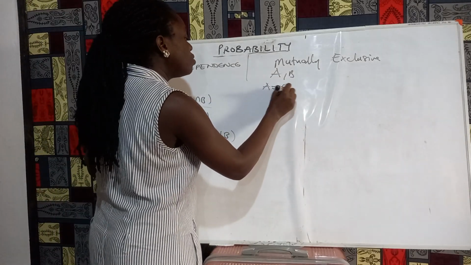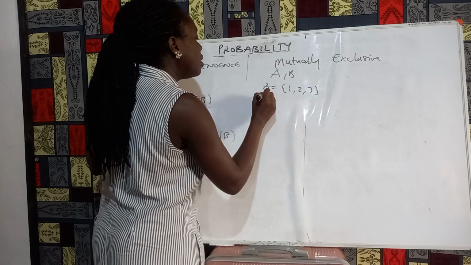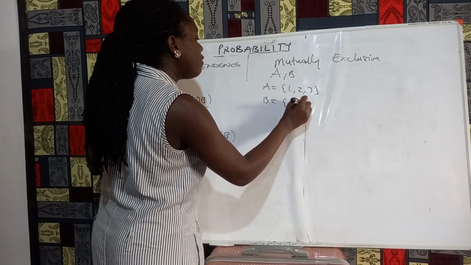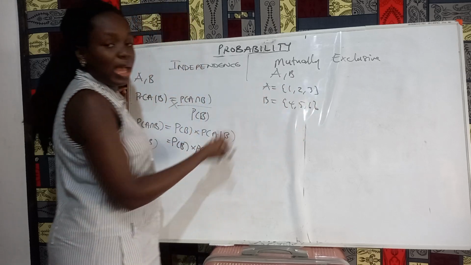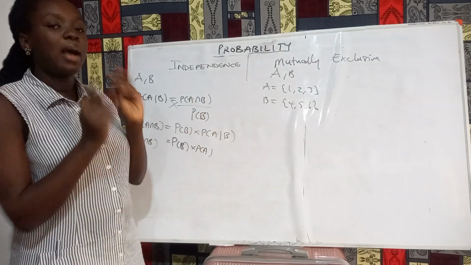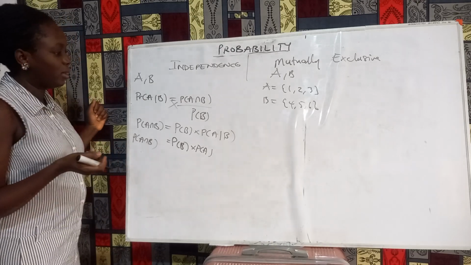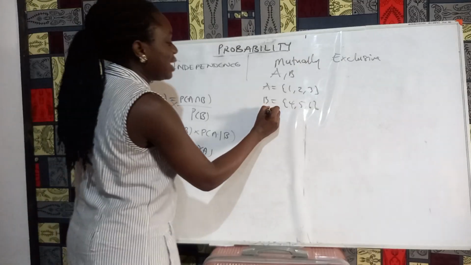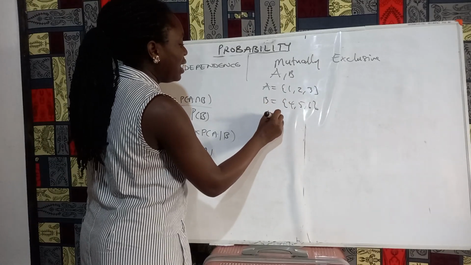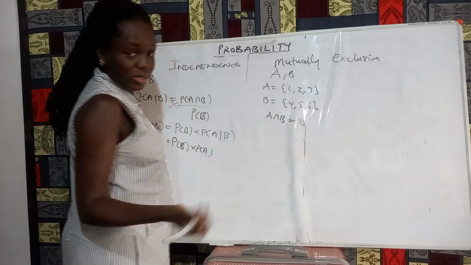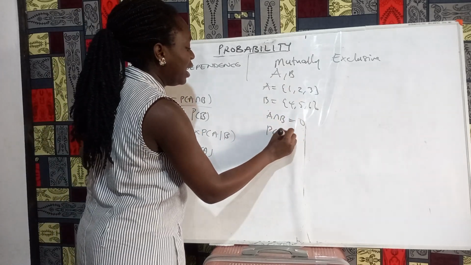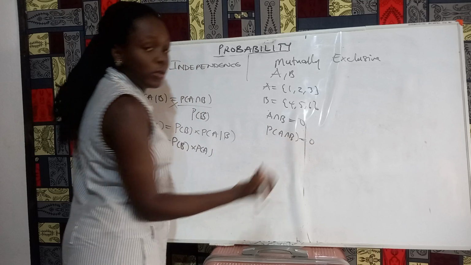So A is equal to {1, 2, 3}, B is equal to {4, 5, 6}. These two sets are mutually exclusive because they don't share any common elements. So you can see that the intersection of both is empty. A intersection B is equal to 0, so the probability of A intersection B is equal to 0.